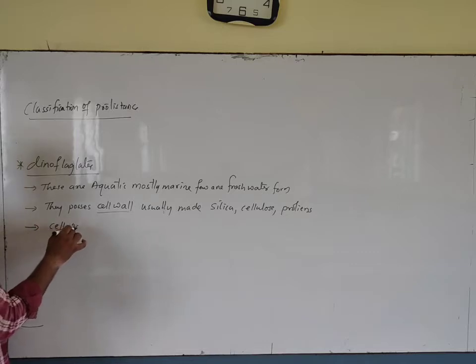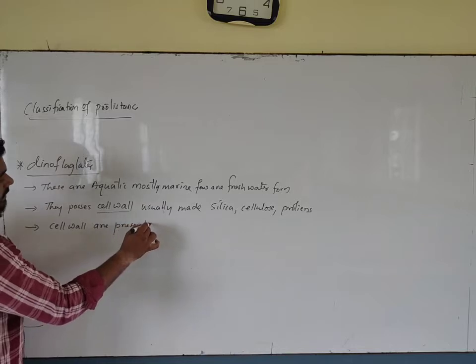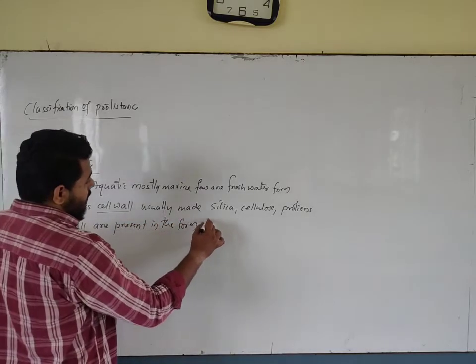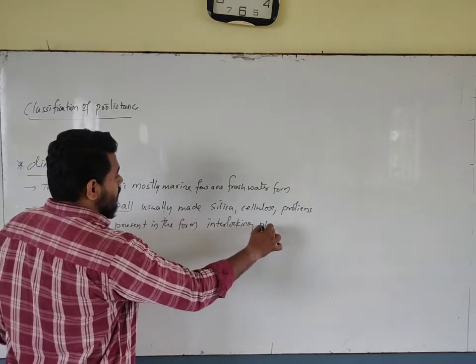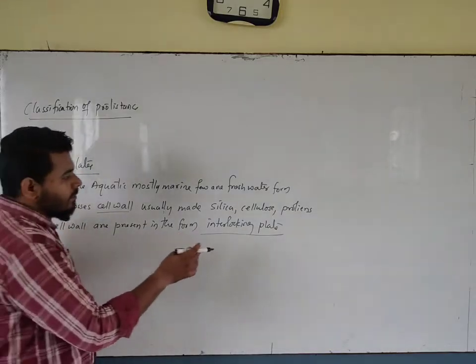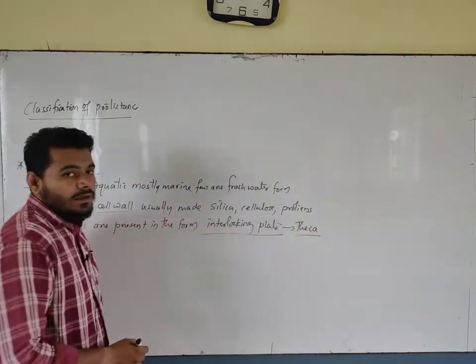The cell wall is present in the form of interlocking plates. So the plates attach to each other through interlocking. Those are called as theca.